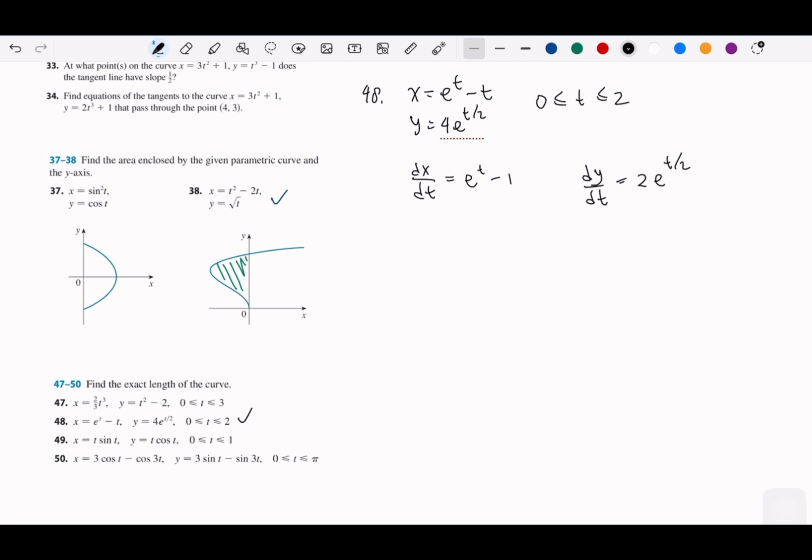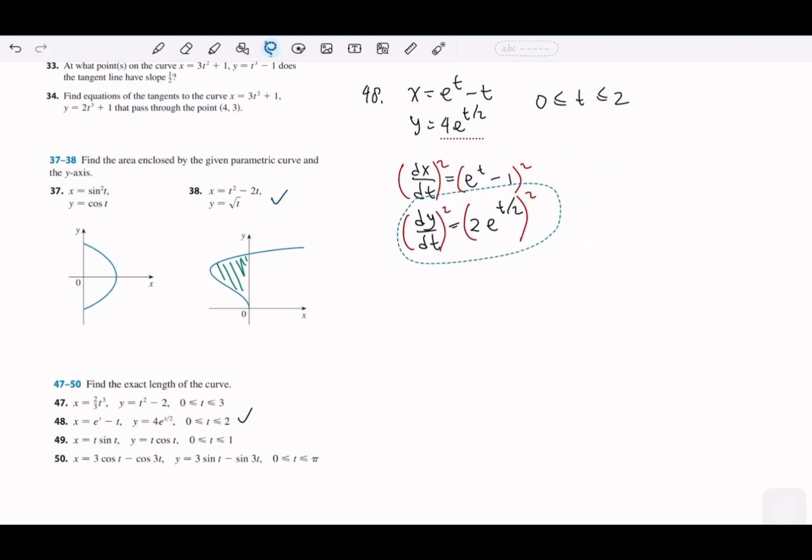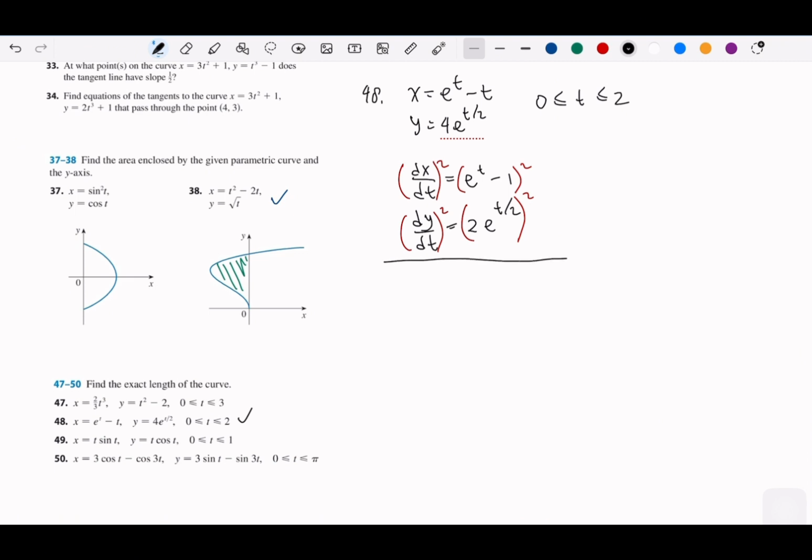And then we take the square, let me just write here to make it easier, and then plus this 2. So dx over dt squared plus dy over dt squared.